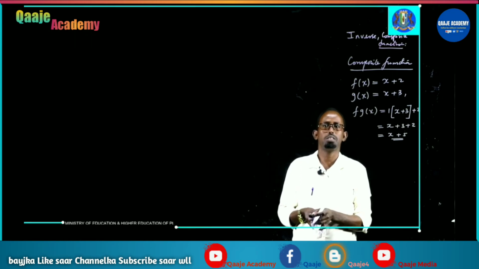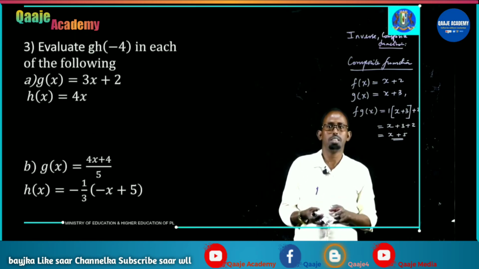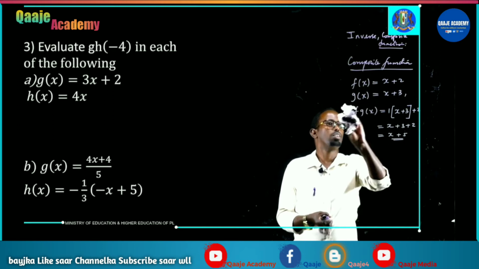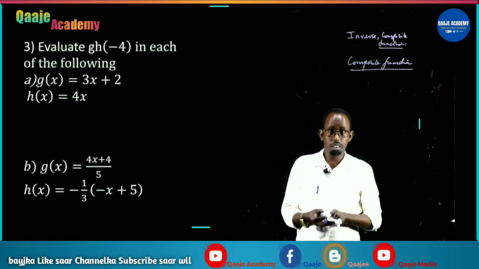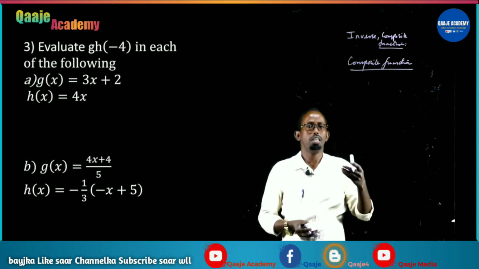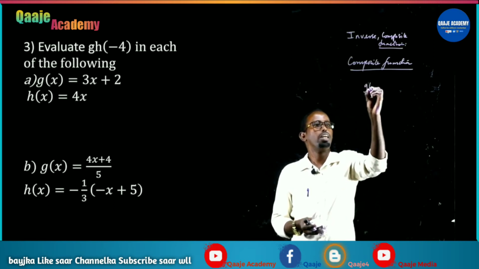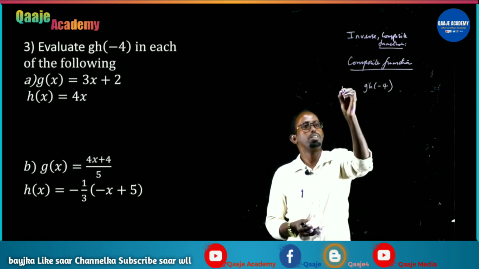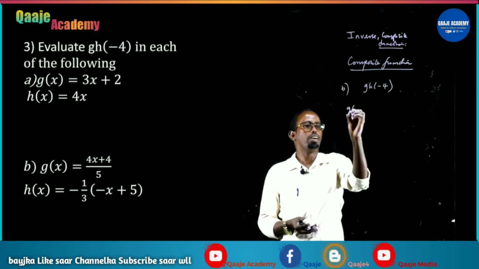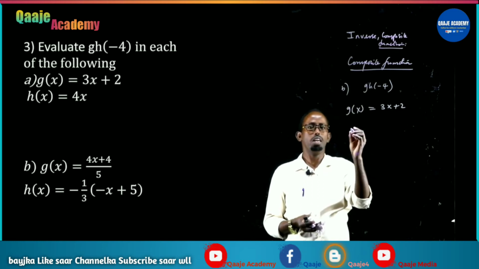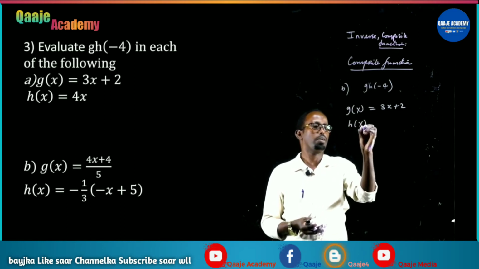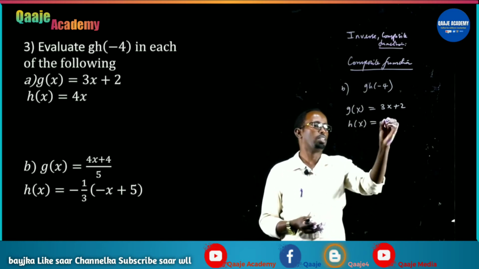Example 2. We want to find gh of negative 4. G of x is 3x plus 2, and h of x is equal to 4x.